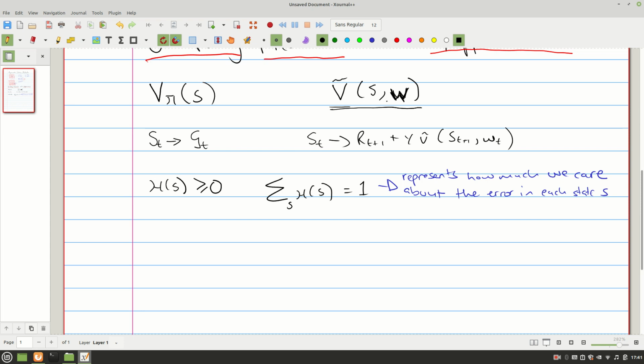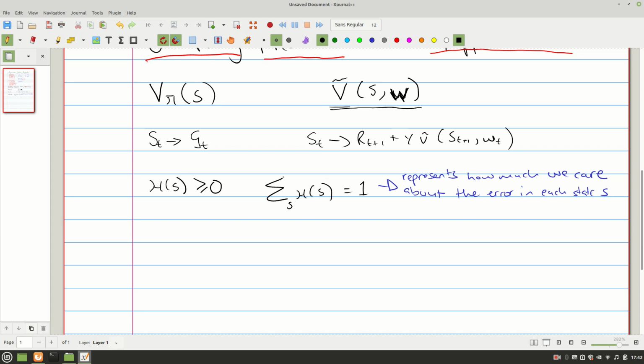For instance, if we completely reduce the error in one state to 0, that could come at the expense of a higher error in a different state, because you can think of w as something that is limiting the resolution in how we represent our state space.